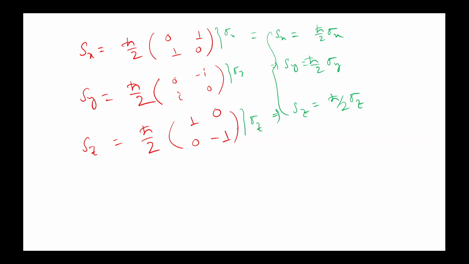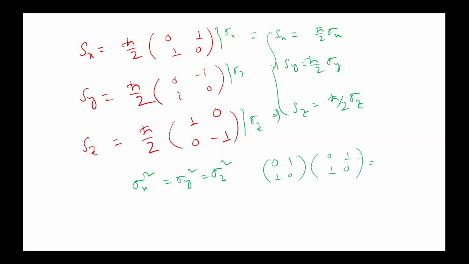One very important property of these Pauli matrices is this, so do this on your own. If you see sigma x squared, or sigma y squared, or sigma z squared, let's do it for sigma x squared. What do I mean by that? [0 1; 1 0] times [0 1; 1 0].